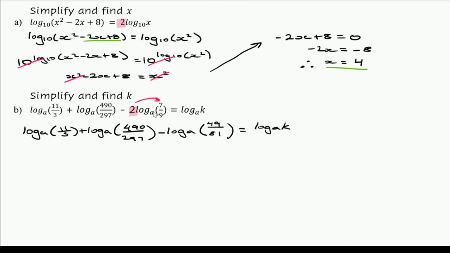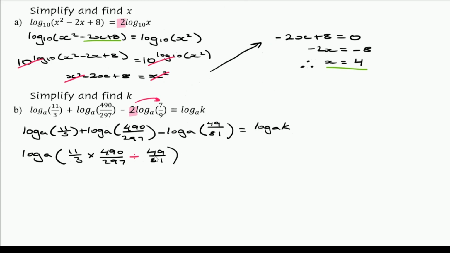Now I can use my log law 4 and 5, so remembering that I can now multiply these two together, but then divide this part here. So this is going to be log a of 11 over 3 multiplied by 490 over 297, and I'm going to divide by 49 over 81.